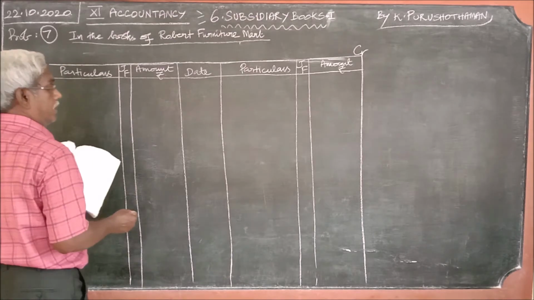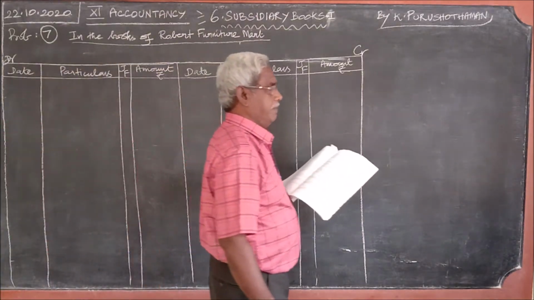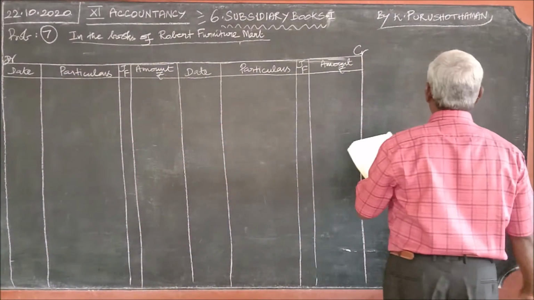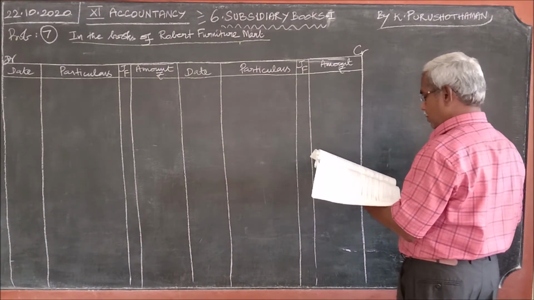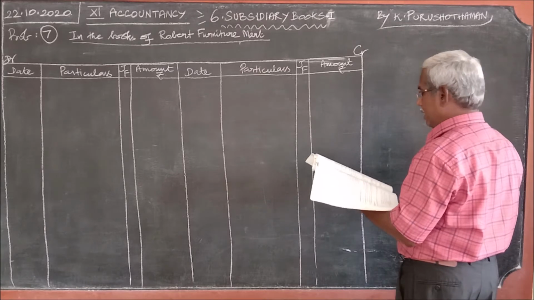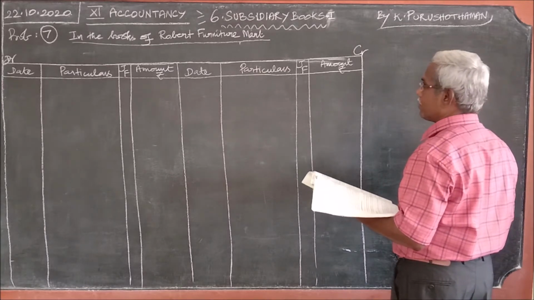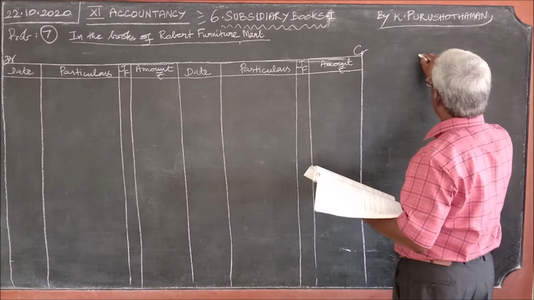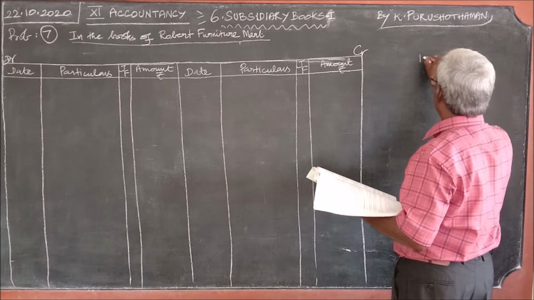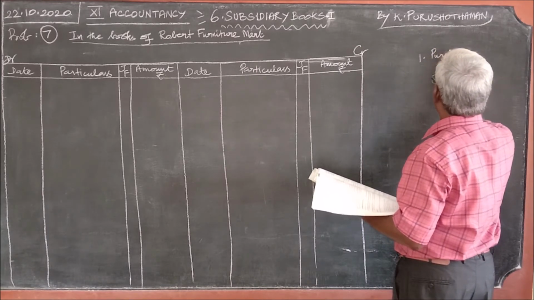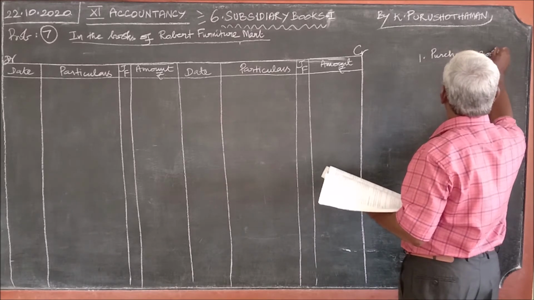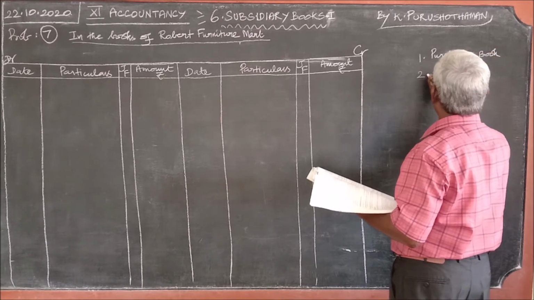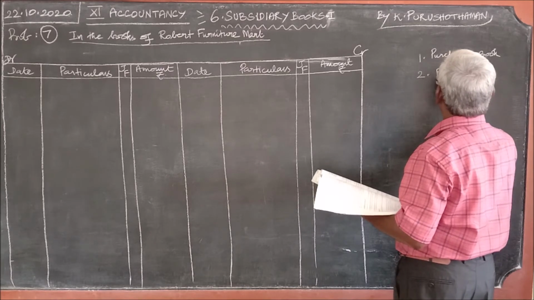Under this category, we need not balance the things. Here it is shown, and therefore we need not balance the things. And what are the ledgers we should prepare? One, purchases book. Two, purchases return book.